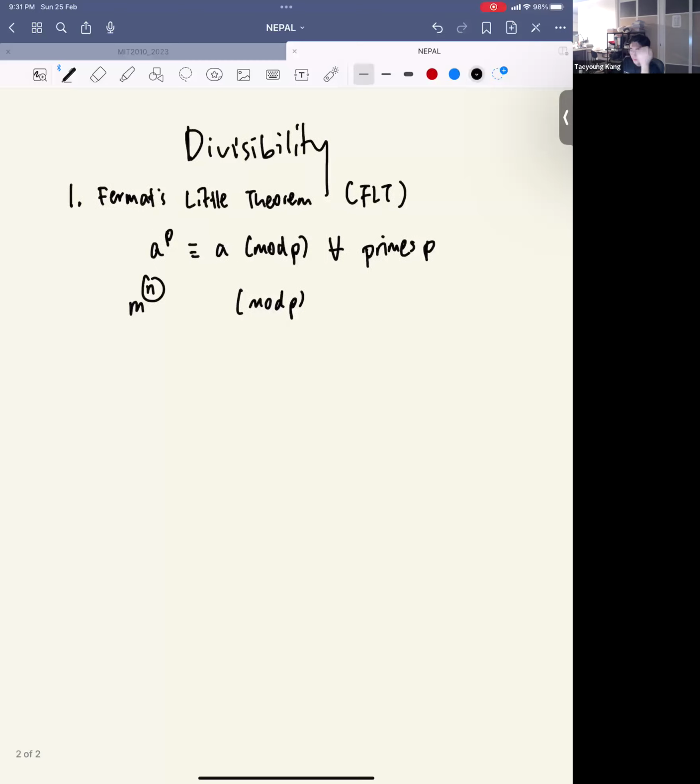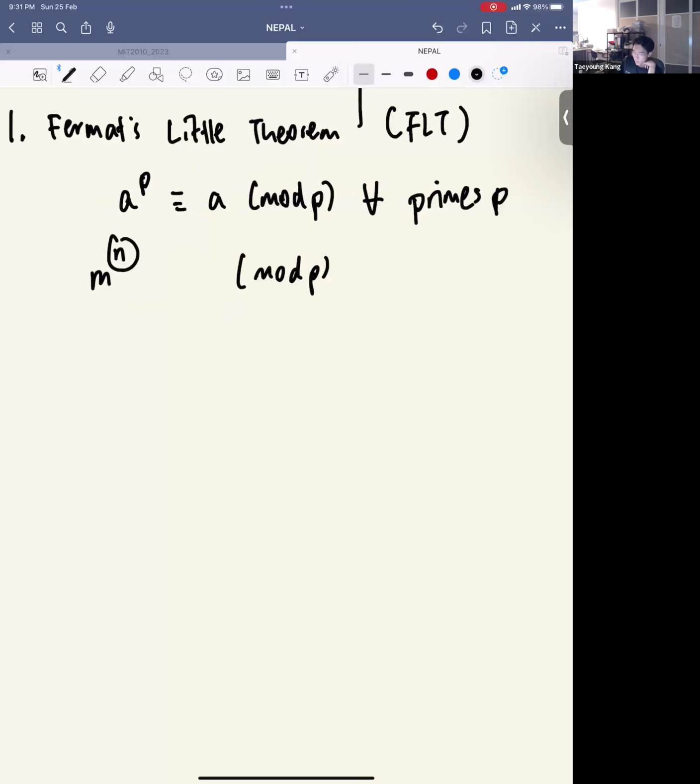So if I asked you what is 2 to the power of 61 mod 31, how would you be able to derive an answer? The way you would do it is by Fermat's little theorem, we have that 2 to the power of 30 is congruent to 1 mod 31, right?